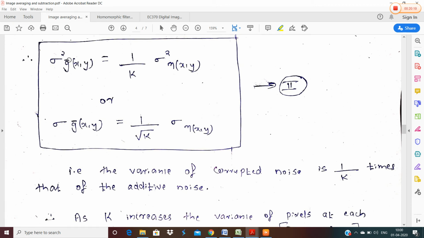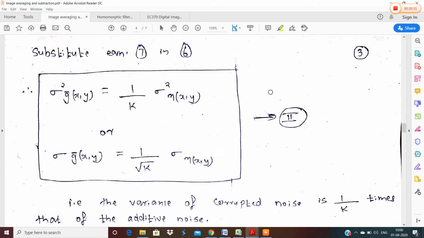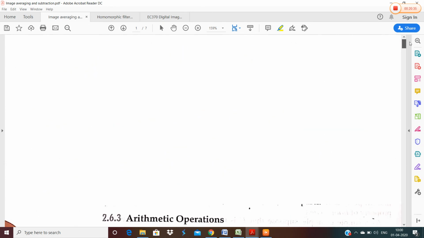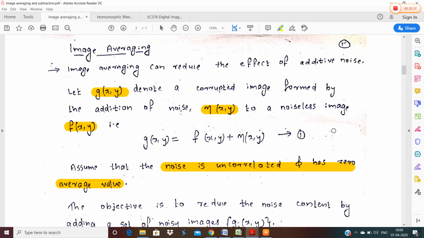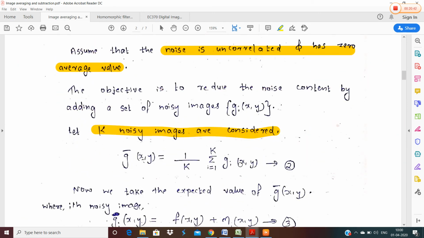If variance is zero, all the values are deterministic, there is no randomness, so noise is removed. So when you add a large number of noisy images, this is your addition of noisy images, and you are taking its average.